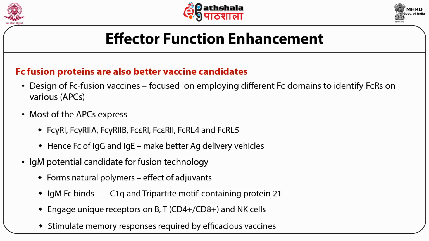So as far as vaccine candidates are concerned, the fusion of an IgM Fc region to the vaccine antigen is actually helping the stimulation of memory responses, which is a desired requirement of any vaccine candidate. So the effector functions can be utilized to make a different type of molecule where the molecule activity is enhanced by its fusion to an Fc molecule.